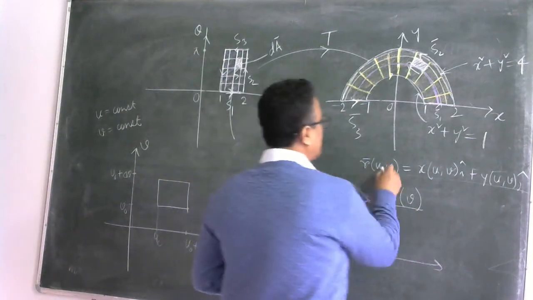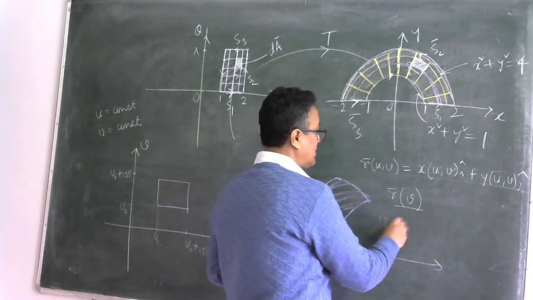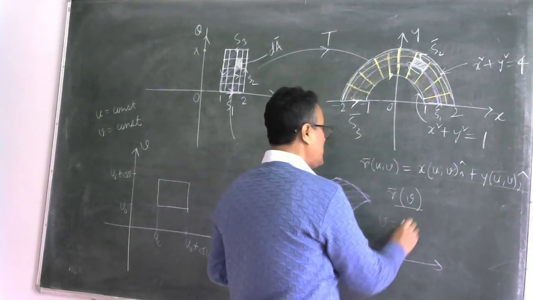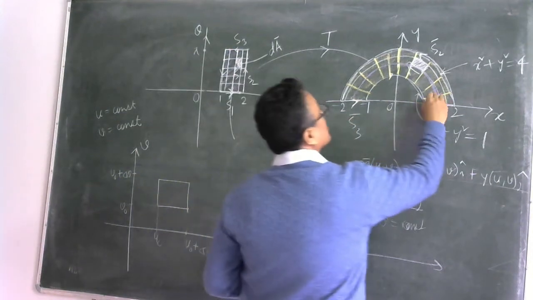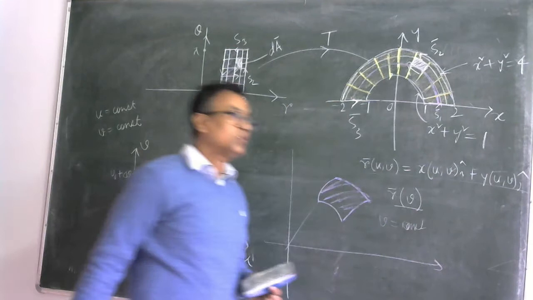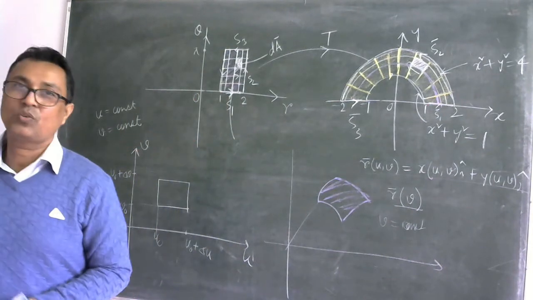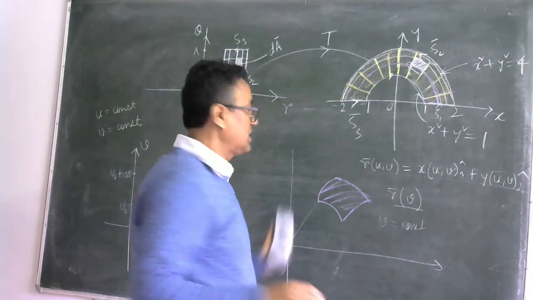Similarly, if I keep v constant, those lines, in this particular case a straight line, are again going to correspond to some curves. Is it okay? Fine. So I have already done this part in class.